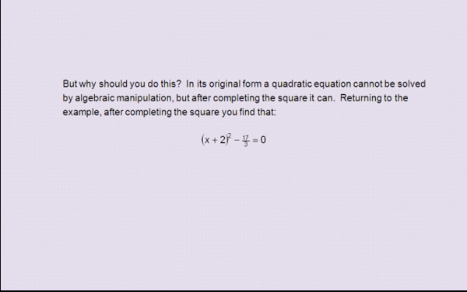Now, adding 17 over 3 to each side, you find x plus 2 all squared equals 17 over 3. Now, taking the square root gives x plus 2 equals plus or minus the square root of 17 over 3. Then, subtracting 2, x equals plus or minus the square root of 17 over 3, all subtract 2.